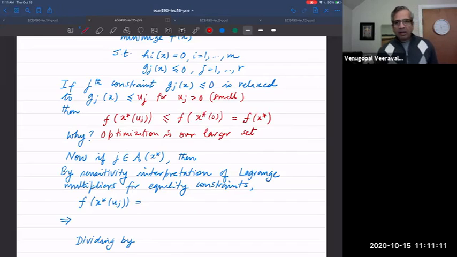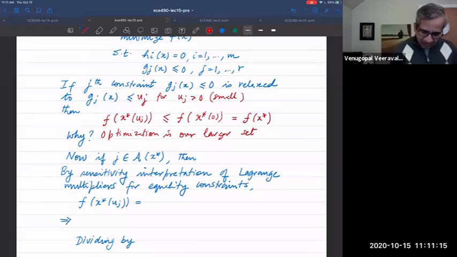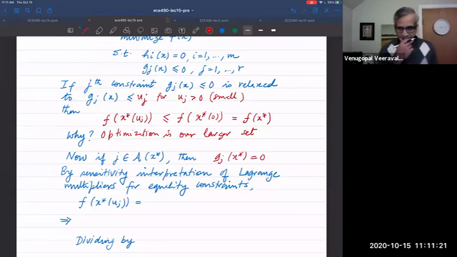Now, since j belongs to the active set, then we know that Gj of x star is actually 0. And for small enough Uj, we can think of this as still like an equality constraint. So again, this is intuition, it's not a proof.